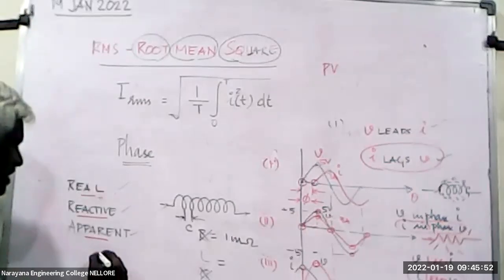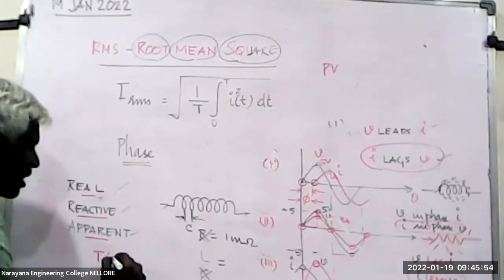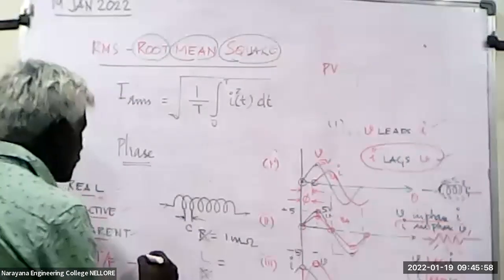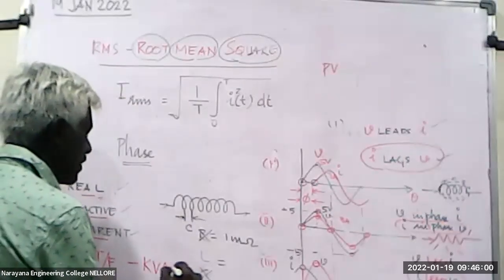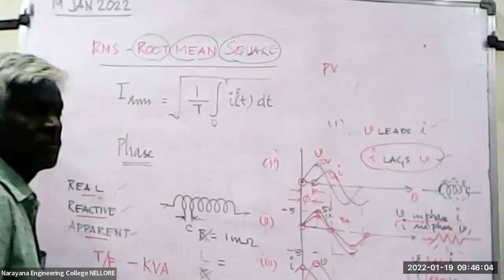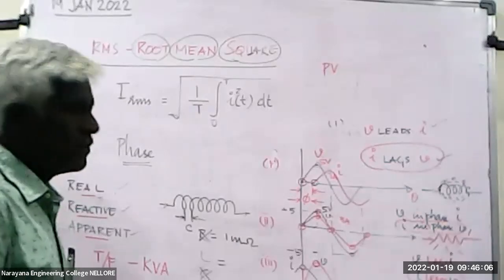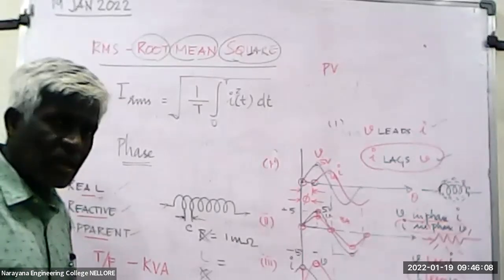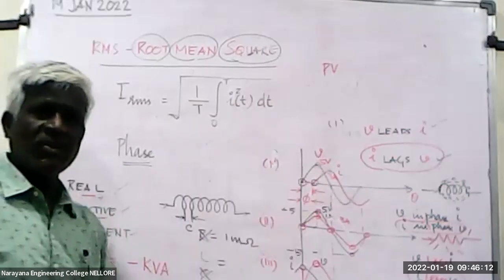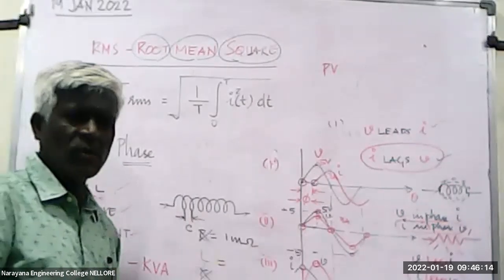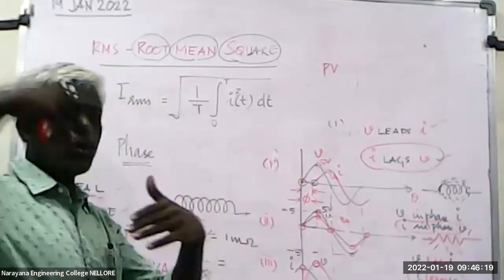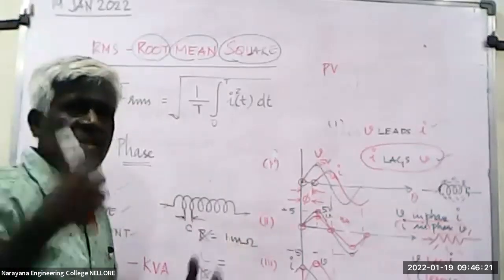And have you ever seen transformers are always rated in kVA, correct? We give the capacity of the transformer in terms of kVA. Why? Because we don't know the load. You purchase some transformer from the market, for example, you are working in an electricity board, but the load is thousands of houses.